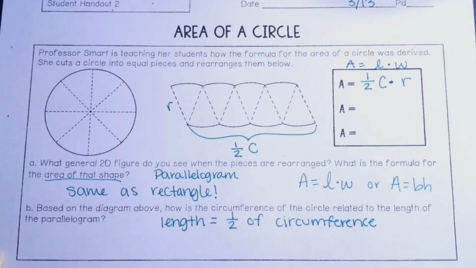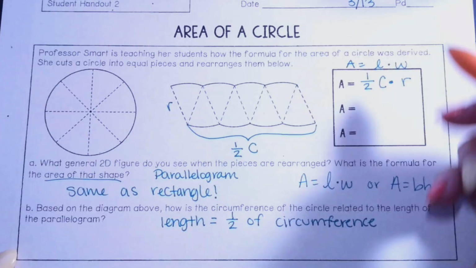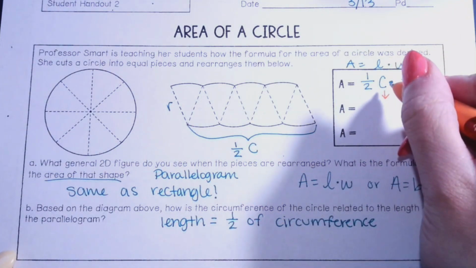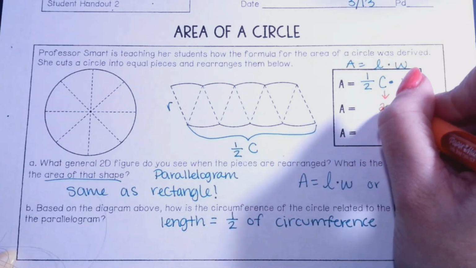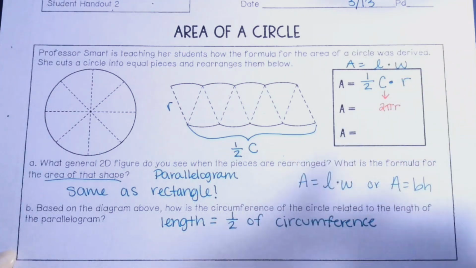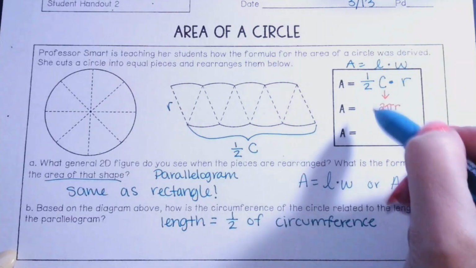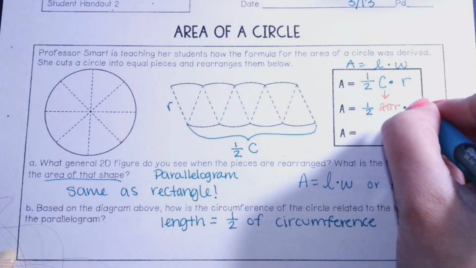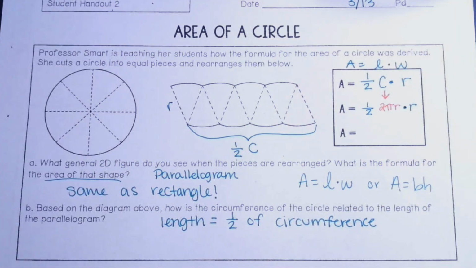We learned on Wednesday. And the circumference formula, there are 2 of them, but because we have an r here, I'm going to use the version with the radius in it. And so the formula for circumference is 2 pi r. We still have this 1/2 of that in front, and we still have multiplying by r at the end.